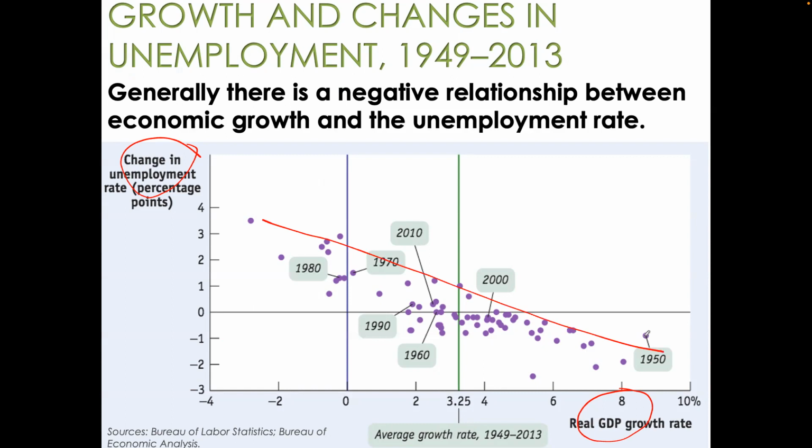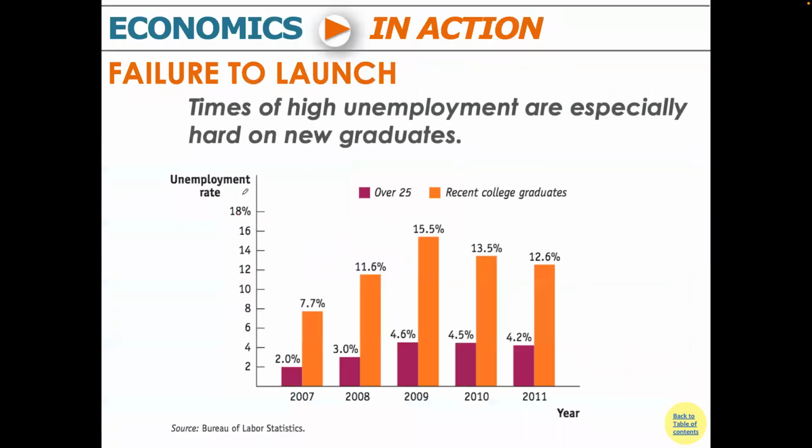Essentially it says when GDP growth is high, which goes to this region, usually the unemployment rate is low. When GDP growth is low, the unemployment rate is high. So this is how the unemployment rate is correlated with the business cycle.